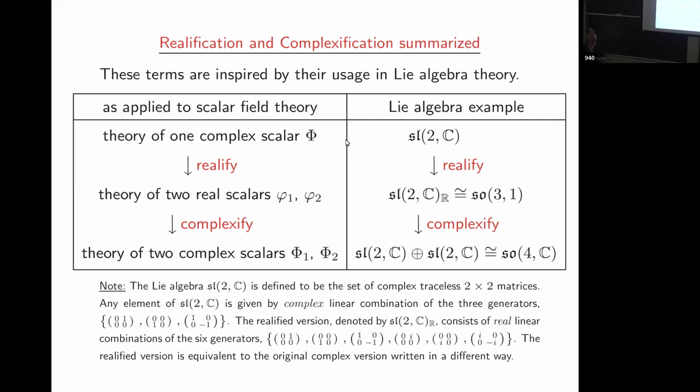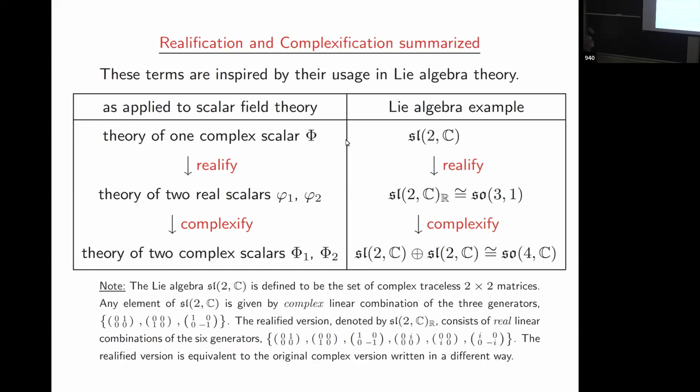Okay, now I should tell you what motivated me to this language of realification and complexification. Realification and complexification in mathematics really starts out with studying vector spaces. But as far as physicists go, they really see this often in Lie algebra theory.